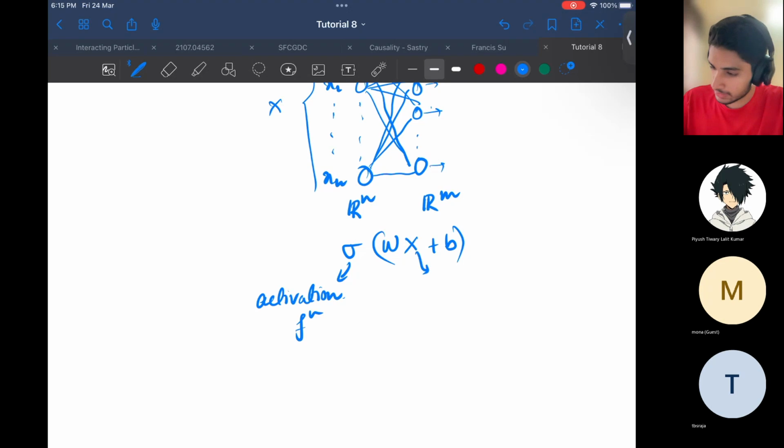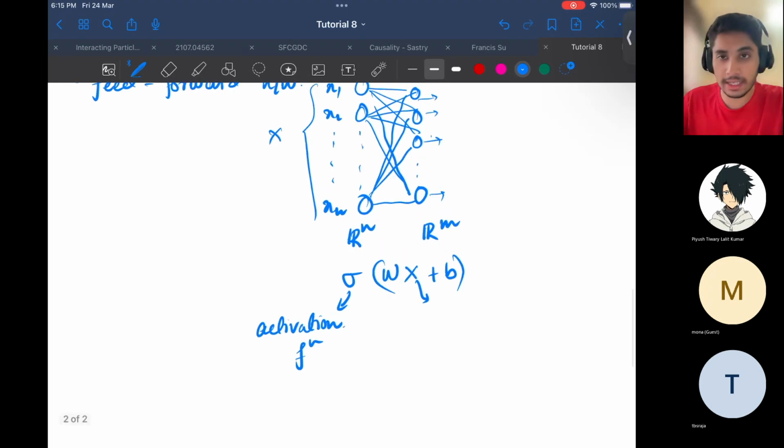Let's say your batch size is some B. Okay, we have already used B, so let's say capital B. Let's say X has a dimension of n cross capital B. Then what should be the dimension of your weight matrix? It has to give something in Rm, and it has to take something in Rn.